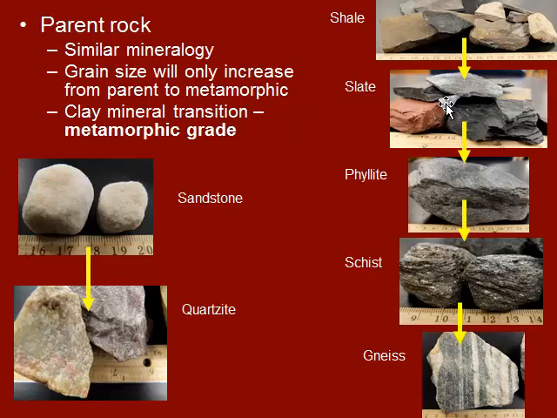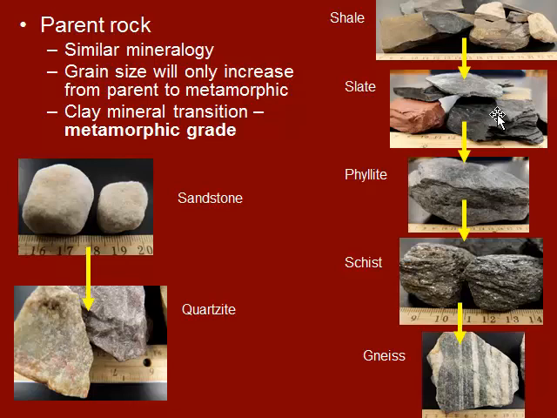So basically slate is those clay minerals getting compacted together. It's very dense. Slate and shale are really hard to tell the difference between. I'm not going to ask you to do that on a test because that would just be mean. Even I have a hard time sometimes because they look so similar to one another. Usually slate's going to be a little bit shinier and it's going to be more dense.